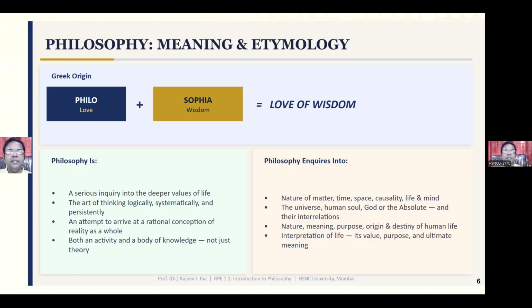An assertion simply declares something. An argument builds a case step by step, where every link can be examined and challenged. This move from assertion to argument is what makes philosophy foundational to all scholarly research.